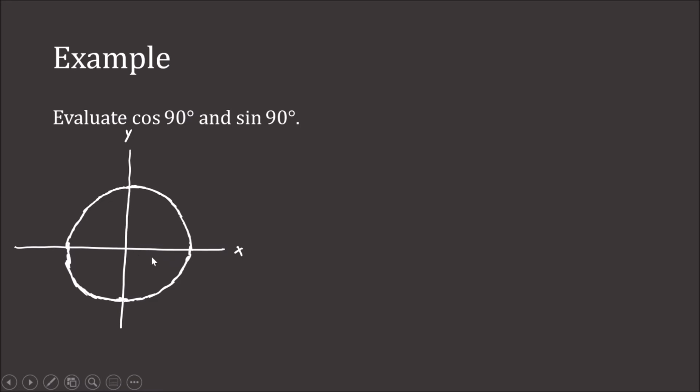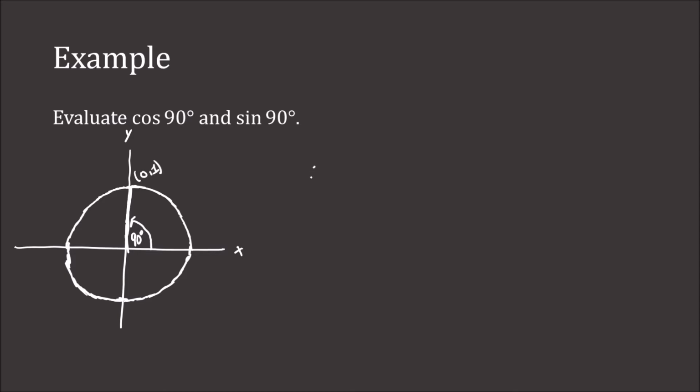So 90 degrees, remember, the positive x-axis is always our initial side. So what we need to do is take the terminal side, which also starts here, and rotate 90 degrees. That would be up here, right? The positive y-axis. So this angle right here is our 90 degrees. Well, this here is the point 1 on the y-axis, so x is 0, y is 1.